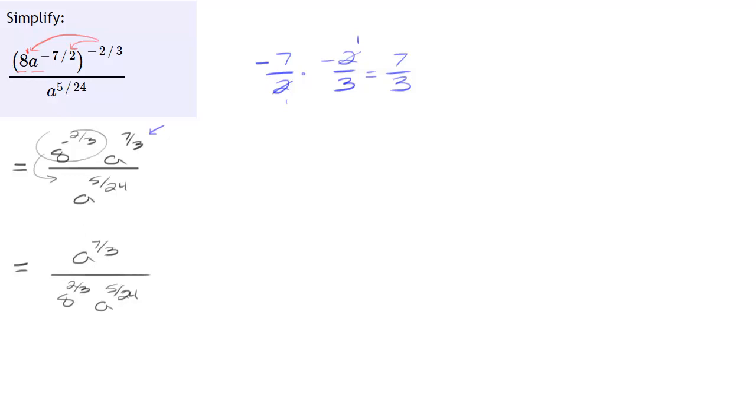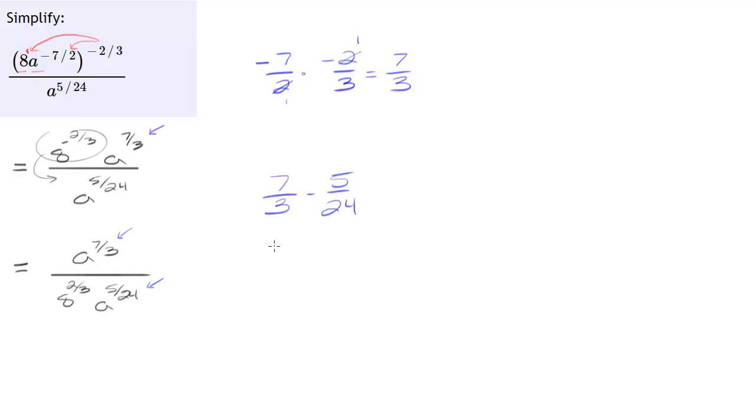Okay, now what I need to do is I'm going to combine these a factors. I do that using subtraction. What I'm going to do is subtract this 5/24 from the 7/3. So I got this 7/3 minus the 5/24.